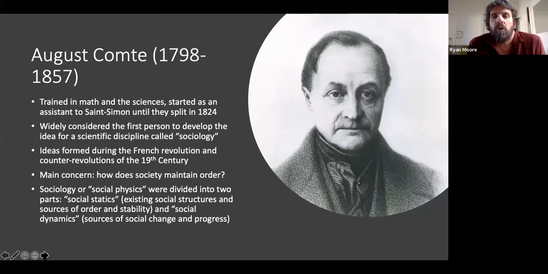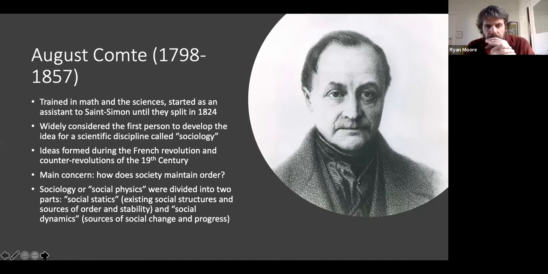So Auguste Comte comes along as basically Saint-Simon's student or his apprentice. Again, it's somebody with very wide-ranging intellectual interests, who's originally trained in math and sciences, but to this day is regarded as the founding father of sociology.